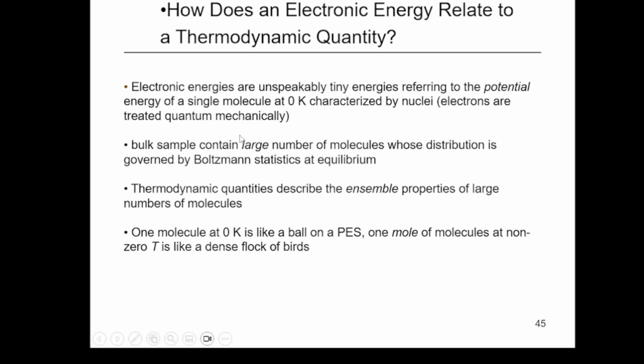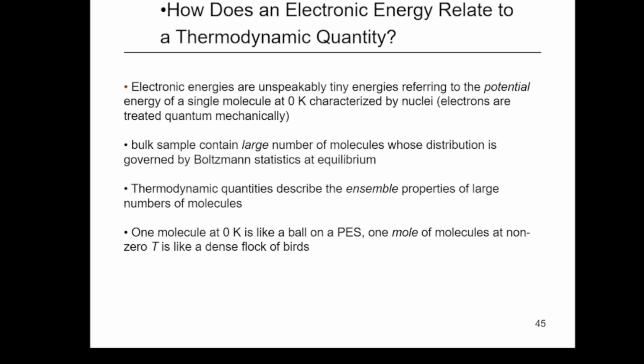The difference here is that a single molecule at 0 Kelvin is like a ball on a potential energy surface, whereas 1 mole of molecules at non-zero temperature is like a dense flock of birds, which can be colliding with one another, some going up, down, right, left. So the properties of the bulk are determined by their interaction with one another, whereas an isolated molecule at 0 Kelvin is just like a ball on a potential energy surface, which is isolated from everything else.